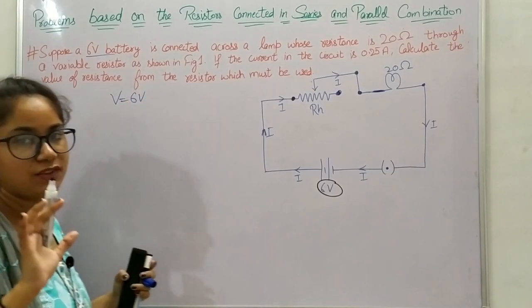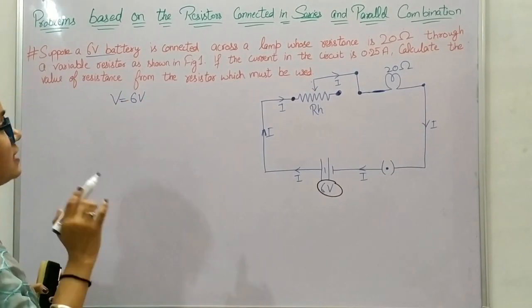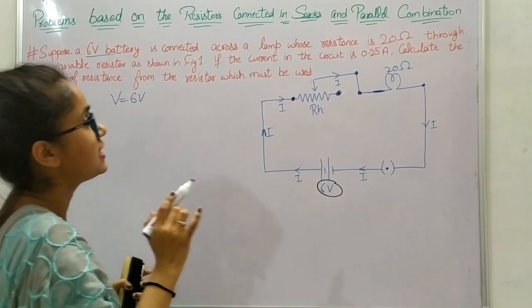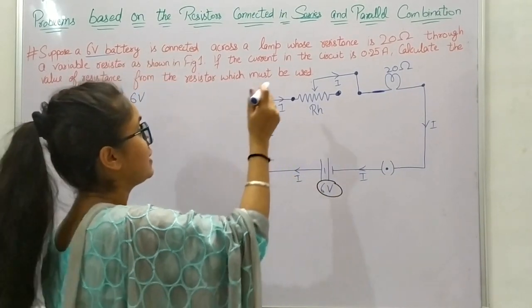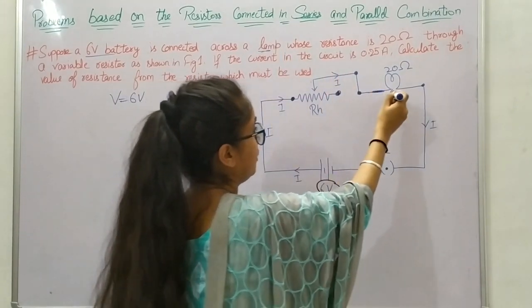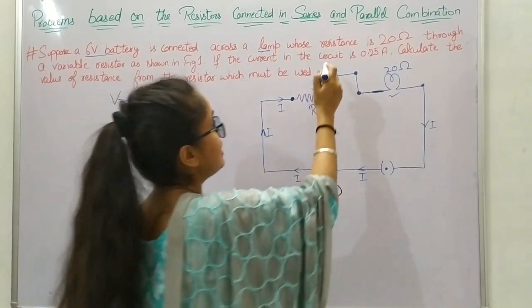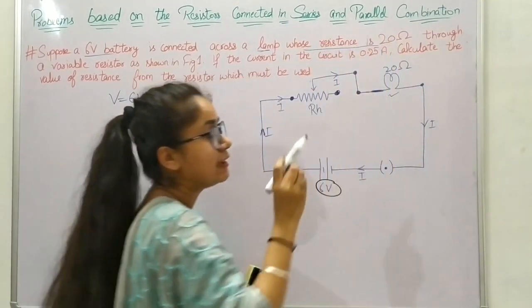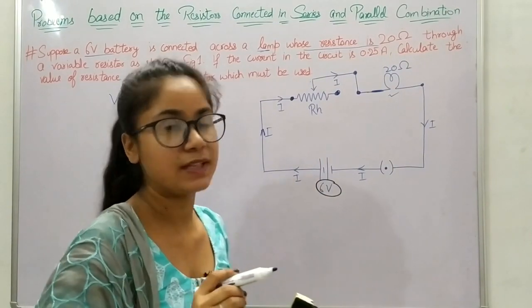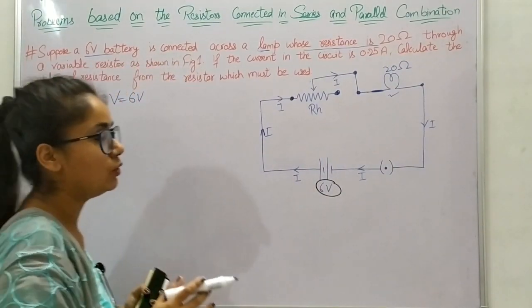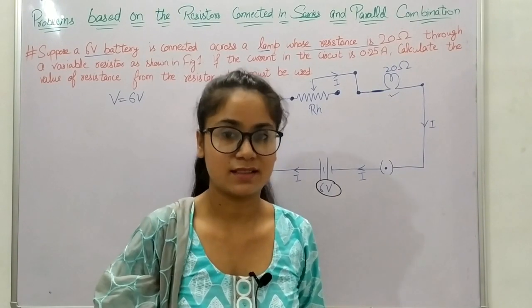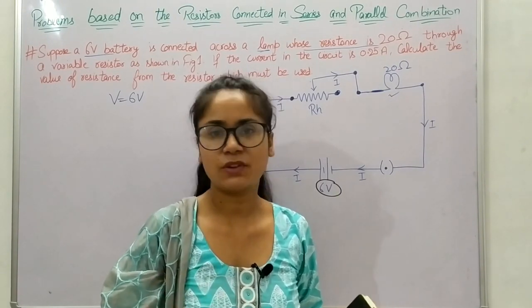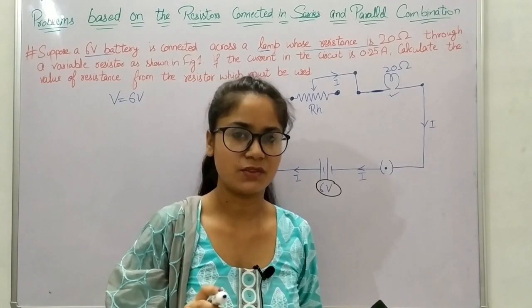The battery is connected across a lamp whose resistance is 20 ohm. Now pay attention here, it is connected across a lamp. That means the resistance of the lamp is 20 ohm. We always talk about the resistance of the circuit, not the resistance of a lamp or any other electrical device, right?